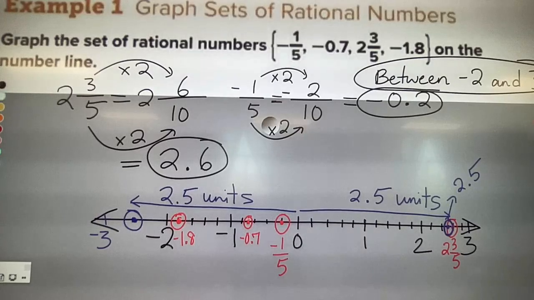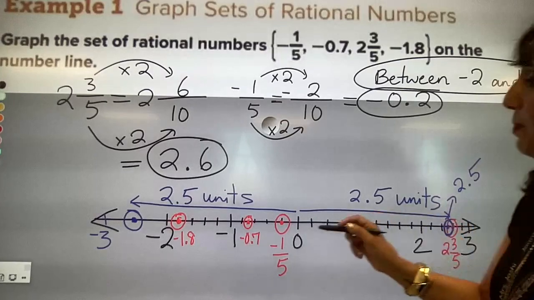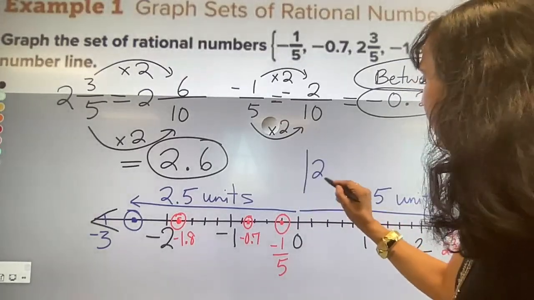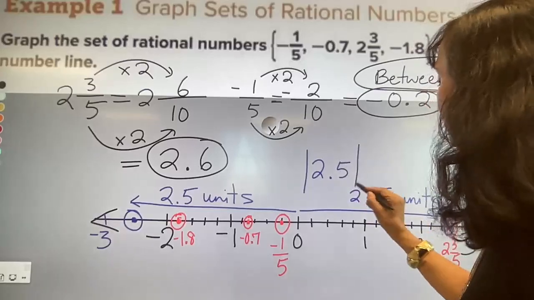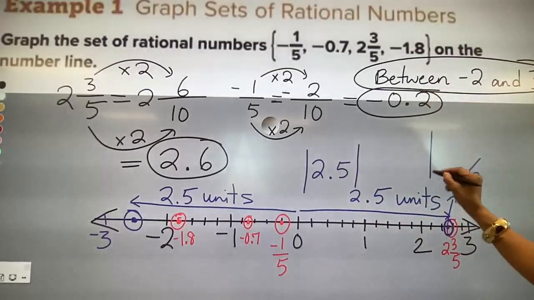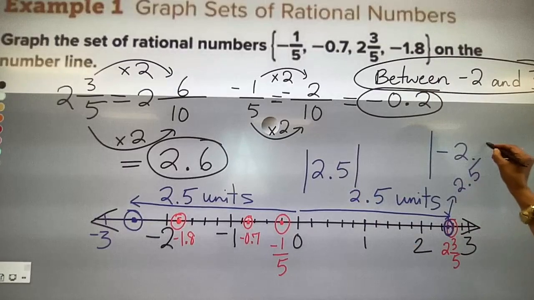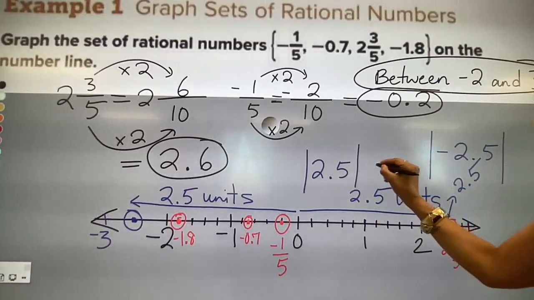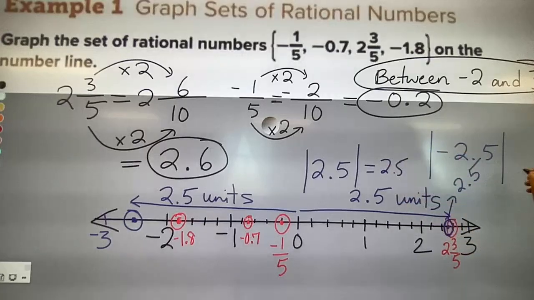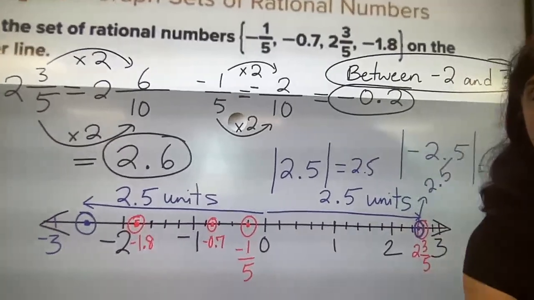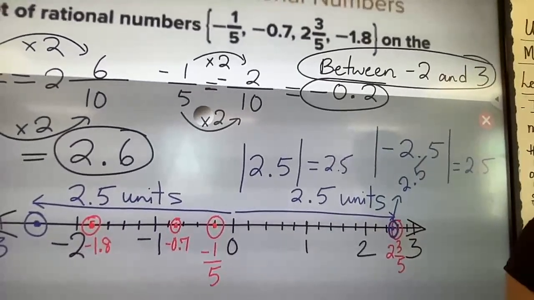Okay? And so how is absolute value written? It is written like this. This means absolute value of 2 and 5/10 and absolute value of -2 and 5/10. So my absolute value is going to be positive, because distance is always positive. All right, so I wanted you to see that.